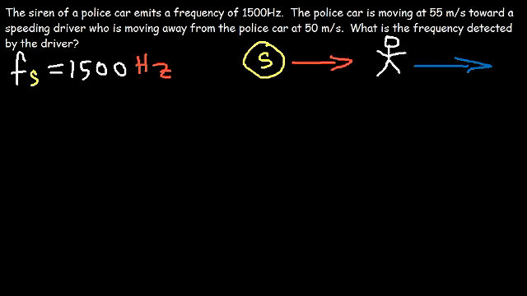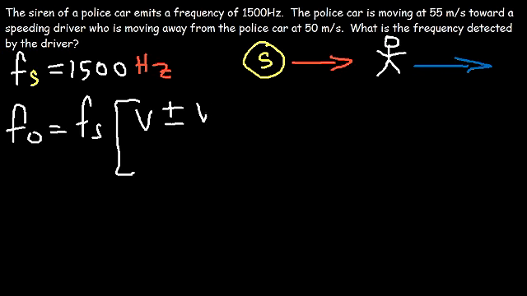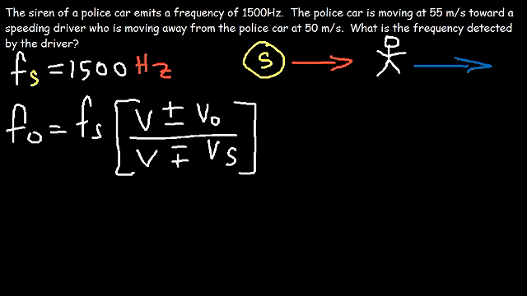So this time, we need to use the numerator and the denominator in this problem. So let's write the equation first. Fo is equal to Fs times (V plus or minus Vo) divided by (V minus or plus Vs). So let's focus on the motion of the source.